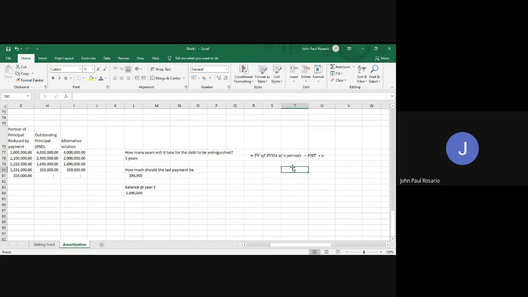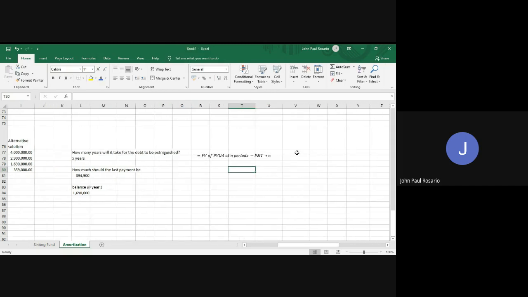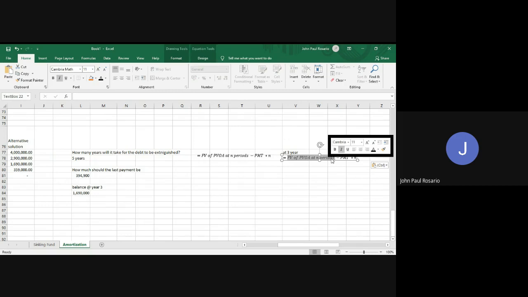Okay, so at 3, so 3 years, our FVOA would be, so our PV of n periods, that would be like 5. Then we multiply this by our fraction.